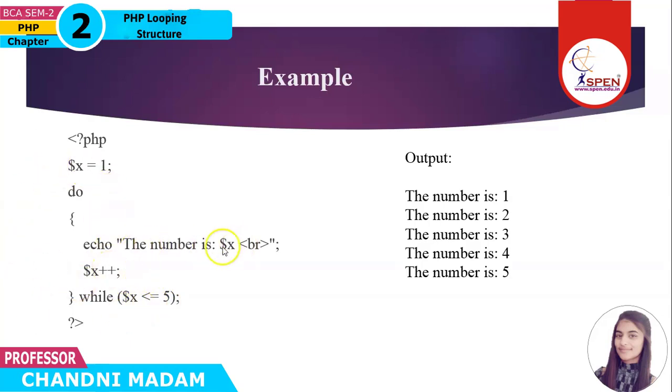Here value 2 is printed and we increment 2 plus 1, which means 3. So 3, 4 and 5. Now the number is 5. Now we increment 5 plus 1, so it means 6. Now we check while 6 less than or equal to 5. Here the condition is false, so it terminates the loop.